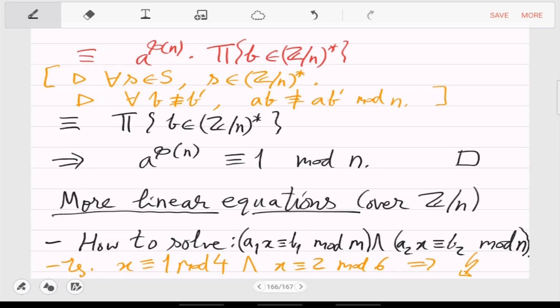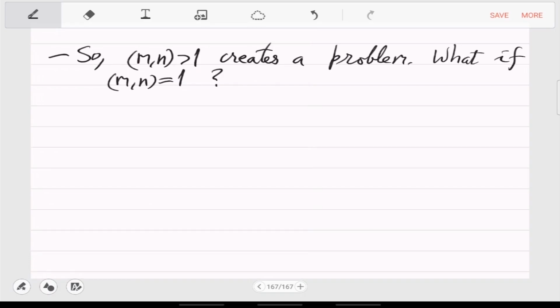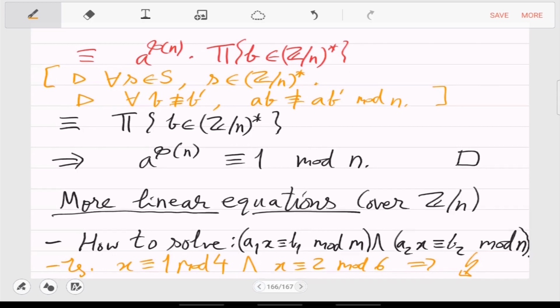There was this problem, right? Even in a single equation, if A1 shares a factor with M, in those cases, B1 can create a problem. So that is one thing. But suppose A1 is co-prime to M also, and A2 is co-prime to N also, right? So let's go to that case. So further, A's are 1.